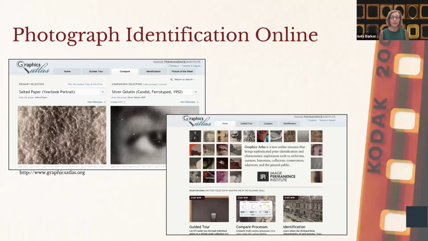It gives you deterioration types, characteristics to look for identification, and a wide range of information if you're unsure of what type of photograph you have, or you're unsure how to correctly house it, and whether it needs to be put on your prioritization list for digitization based on common deterioration types. Next slide.